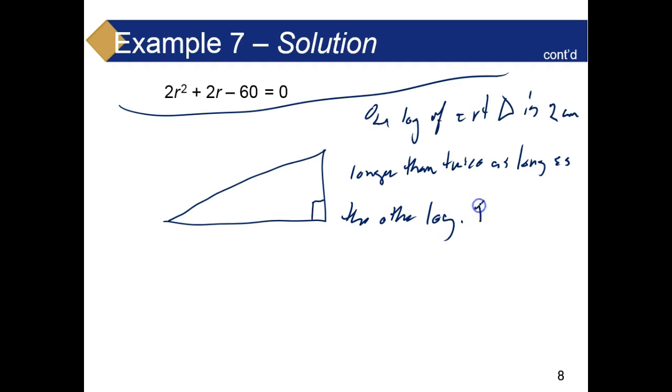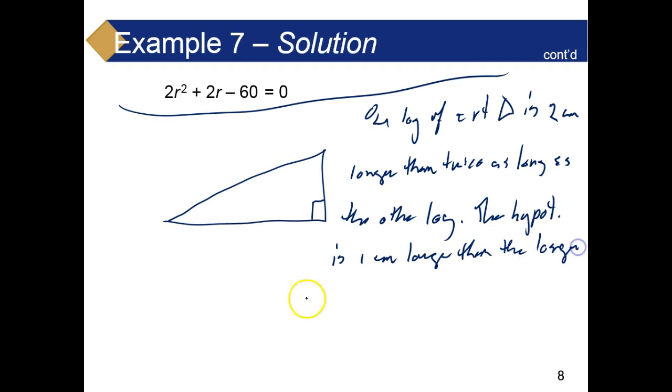The hypotenuse is 1 centimeter longer than the longer of the two legs. Find the lengths of the three sides.